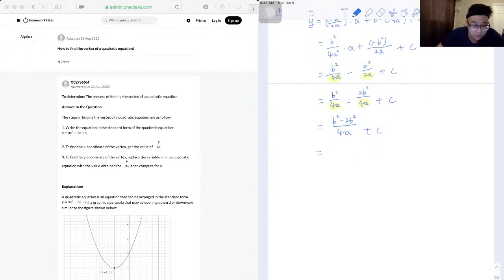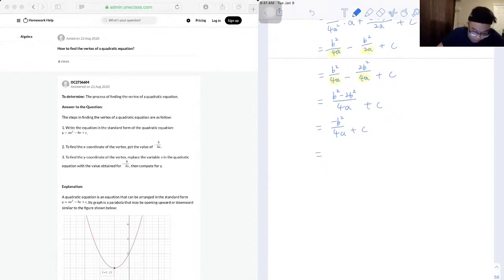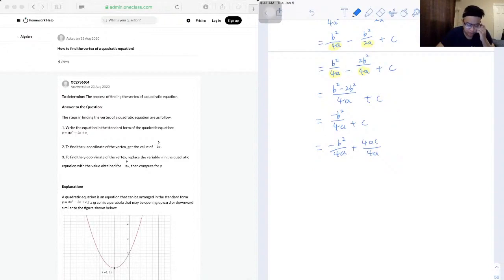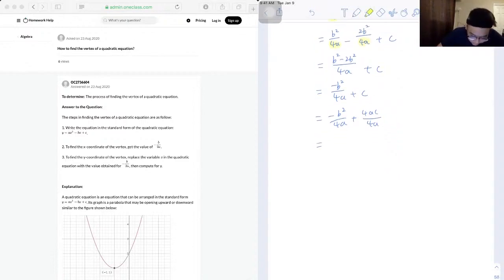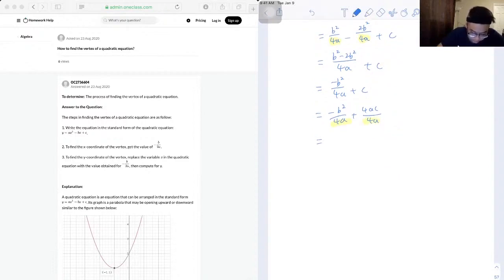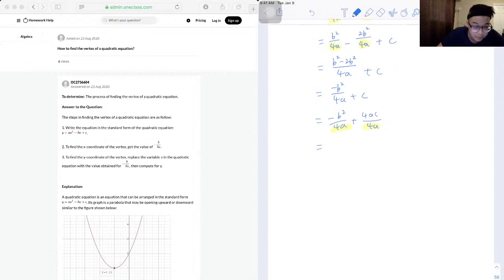So this becomes negative b squared over 4a plus c, and we can also rewrite c as 4ac over 4a, because if you divide 4a for both top and bottom, it's still equal to c. So these two have the same denominator again, so we'll do our subtracting.